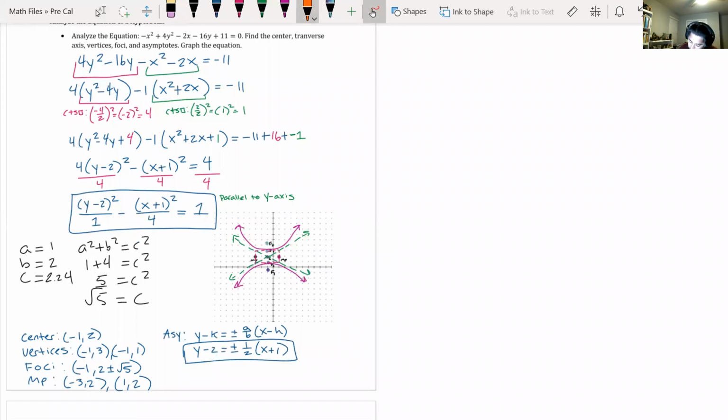If you wanted to expand that, for the plus, you'd have y minus 2 equal to 1/2 times x plus 1. y minus 2 equals 1/2 x plus 1/2. Add the 2 over, and 1/2 plus 2 is 5 over 2.